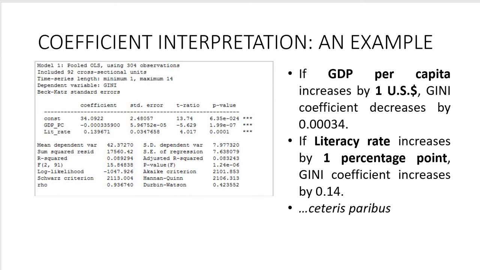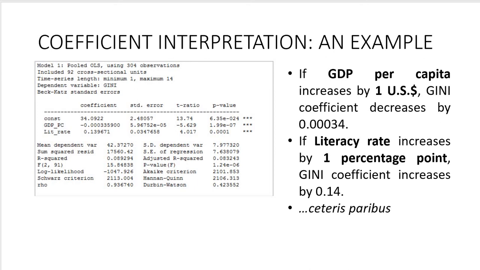For instance, you can consider the following model. So here I analyzed how Gini coefficient, the measure of income inequality, depends on GDP per capita and literacy rate. So basically we can see that if GDP per capita increases by $1, Gini coefficient decreases by 0.00034.